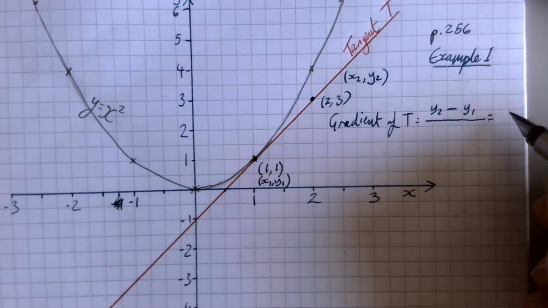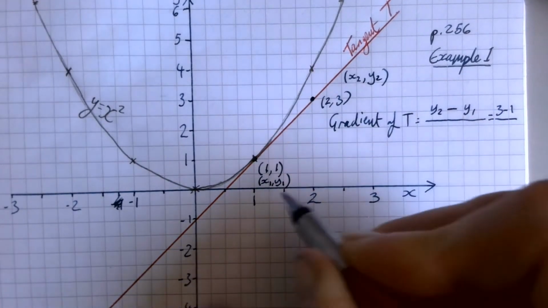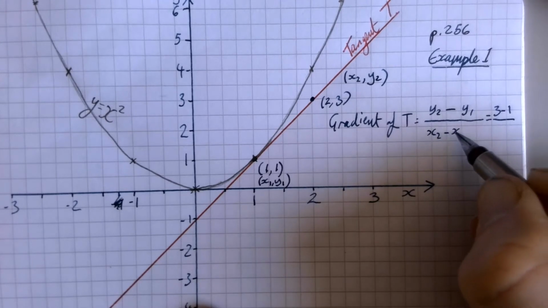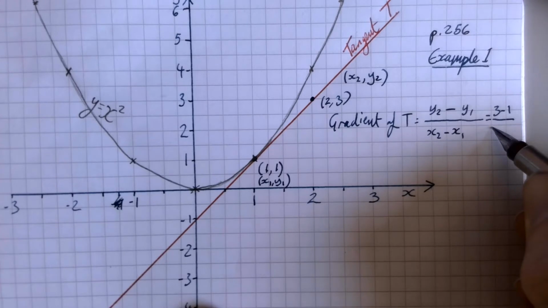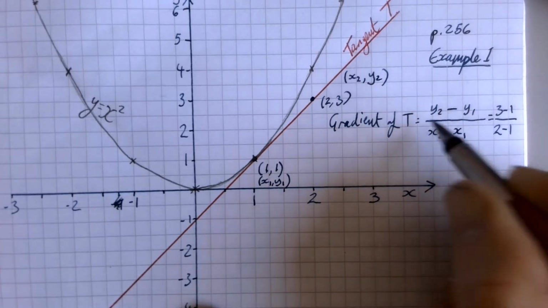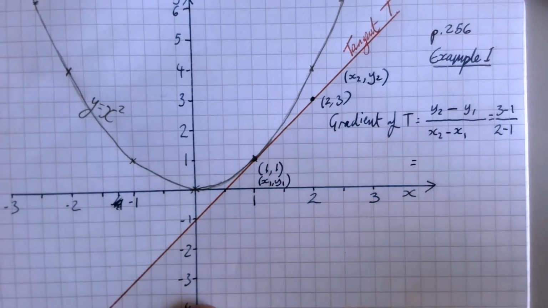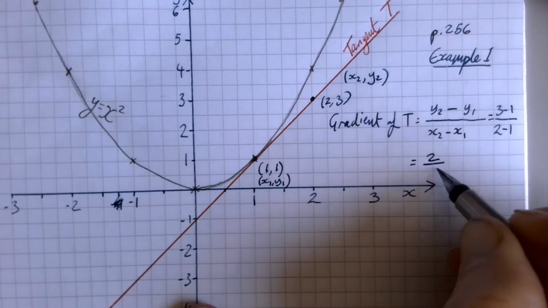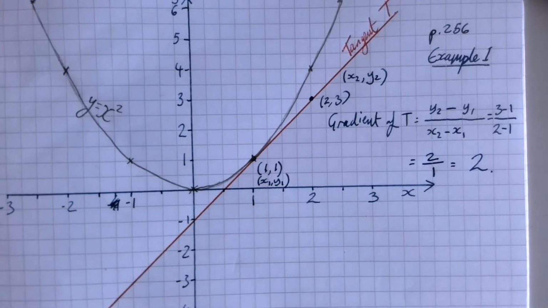So that would be 3 take 1, and on the bottom I've got my second x value take away the first one, the one I'm coming from, so that gives us 2 take away 1. We could do it the other way round, but we'd have a negative divided by a negative, giving us a positive, just a little trickier. 3 take 1 is 2, 2 take 1 is 1, so 2 divided by 1 means the gradient of t must be 2.